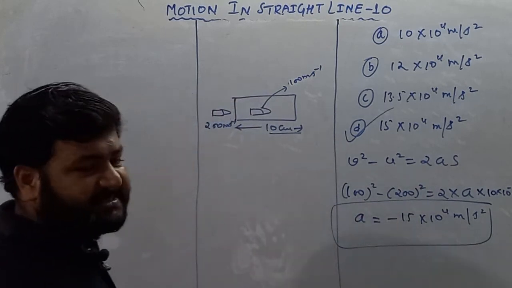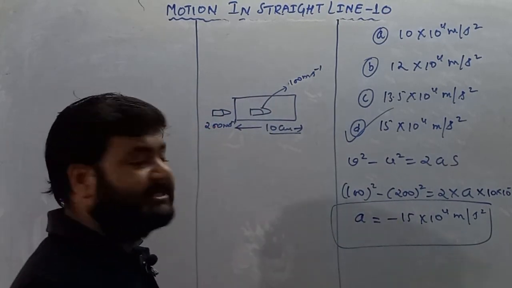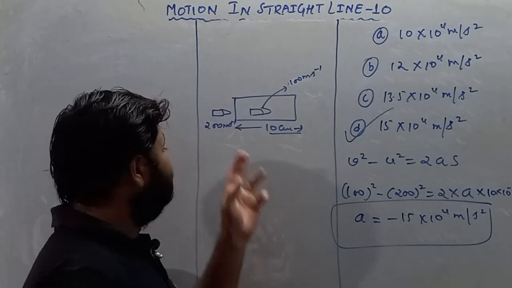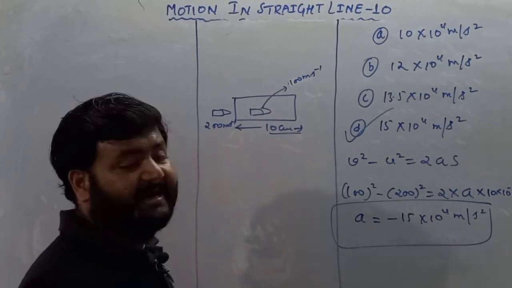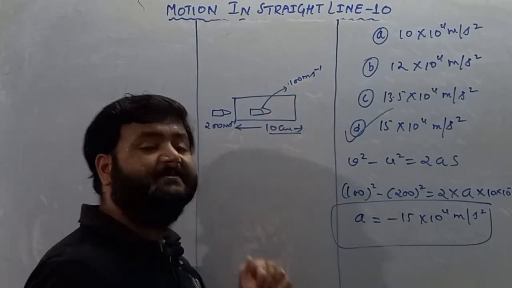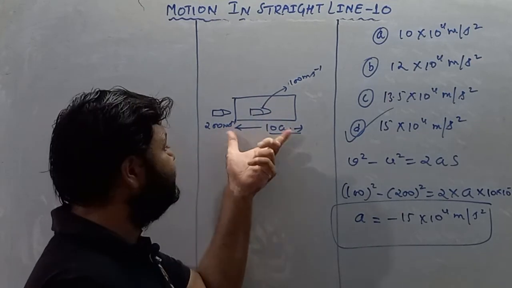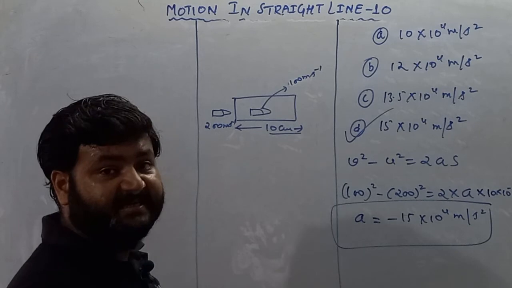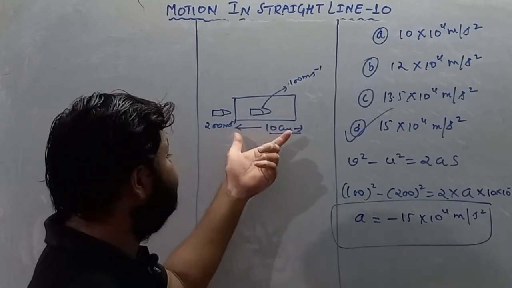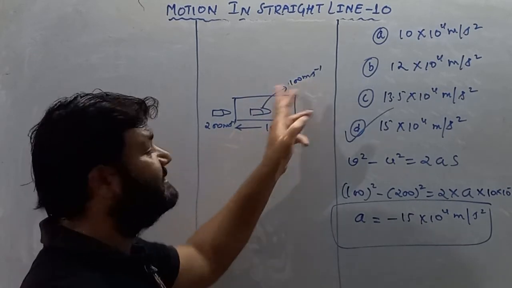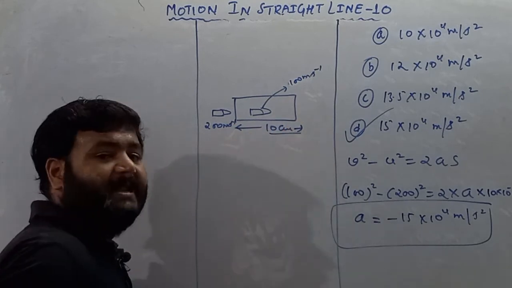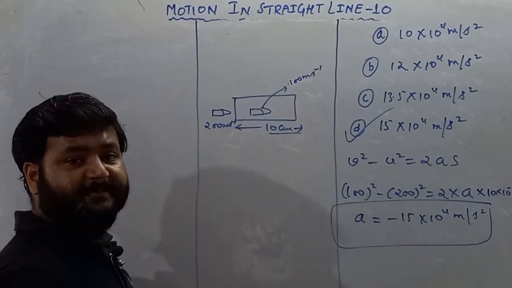I am repeating once again. They are saying that initially the velocity of the bullet is 200 meter per second.